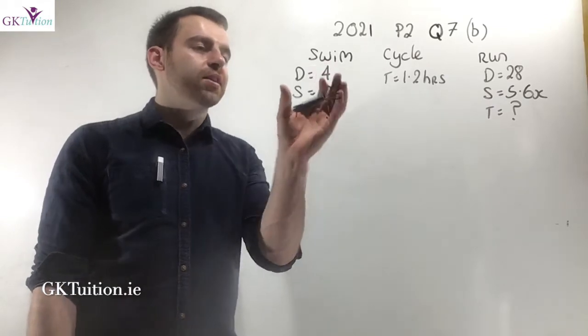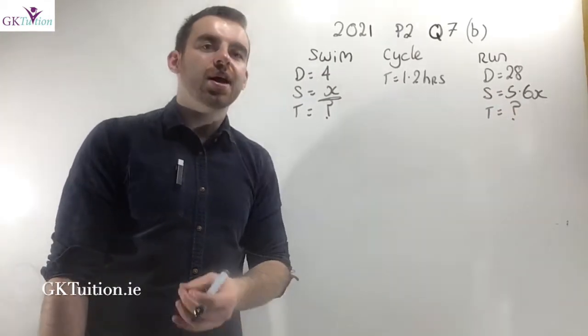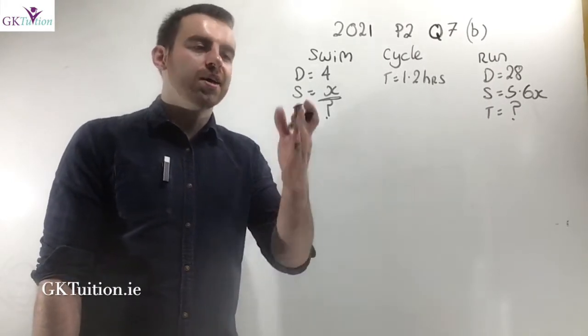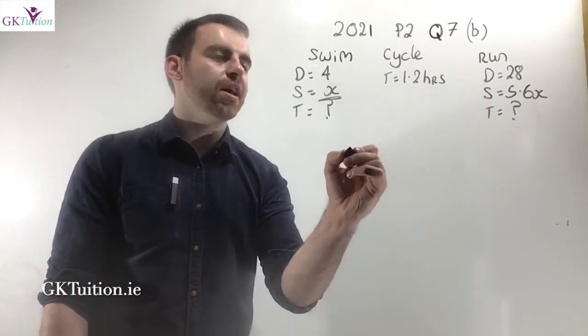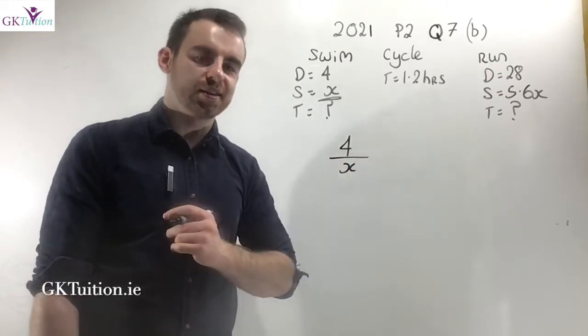Now, I know that the time for the swimming plus the time for the cycling plus the time for the running adds up to 4.8. If I want to work out time, it's simply distance divided by speed. So the length of time she's going to take on the swim is going to be 4, the distance, divided by x, the speed.